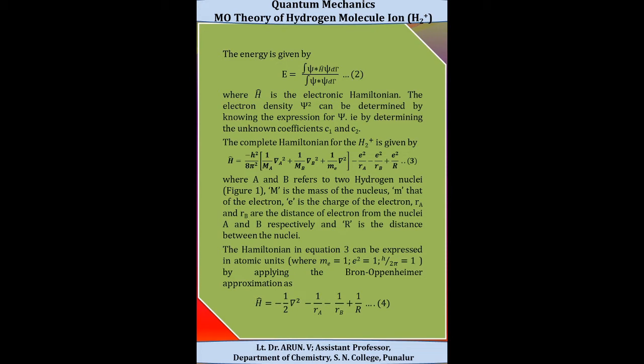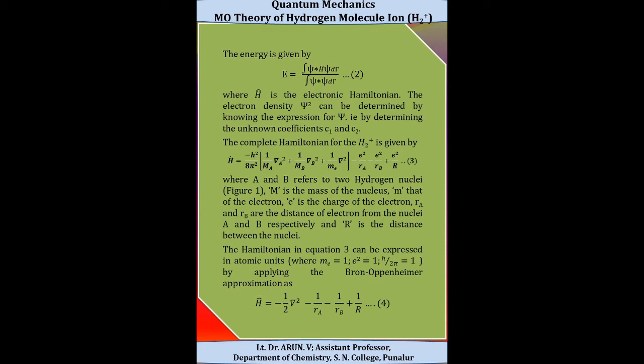The complete Hamiltonian for the H2 plus is given by h cap equal to minus h cross square divided by 8 pi square into 1 by Ma del a square plus 1 by Mb del b square plus 1 by me del square, minus e square by Ra minus e square by Rb plus e square by R, where a and b refer to the two hydrogen nuclei here, and capital M is the mass of the nucleus and small m is the mass of the electron. e is the charge of the electron, and Ra and Rb are the distances of the electron from the nucleus A and B respectively, where capital R is the distance between the nuclei.